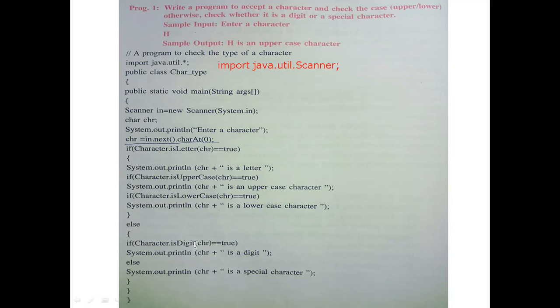Is it a digit? We can close the bracket here itself. Then we say it's a digit. If this is also not satisfied, neither letter nor digit, then we come here and say it's a special character.